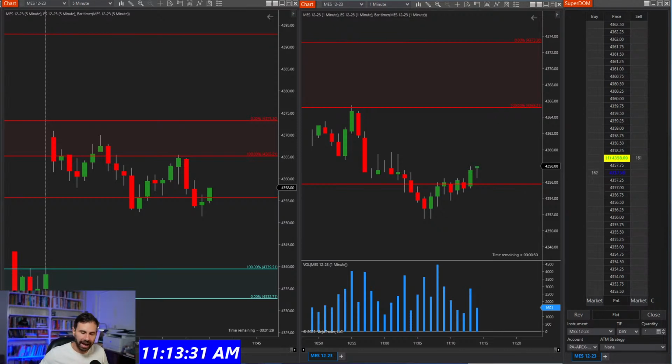Now, one thing on the add-ons is that to move the stop to break even, there has to be enough room for it to happen. Because if you're adding in a winning position, you're worsening your average point, right?